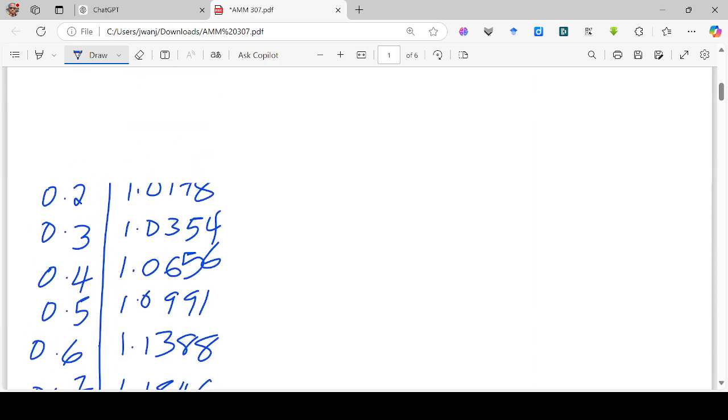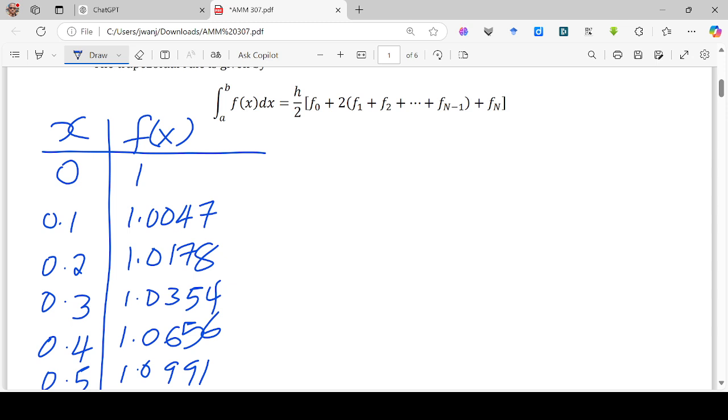So now we are going to use the trapezoidal rule. The trapezoidal rule is as given here. So f naught is the value of the function when x is x naught. In this case, x naught here is 0.